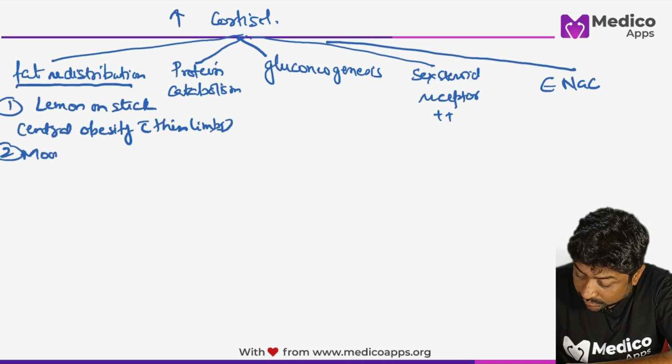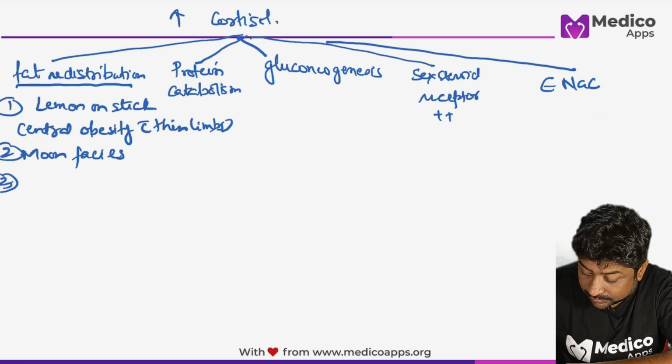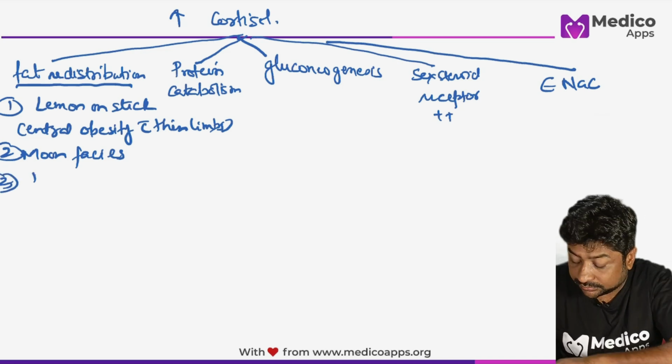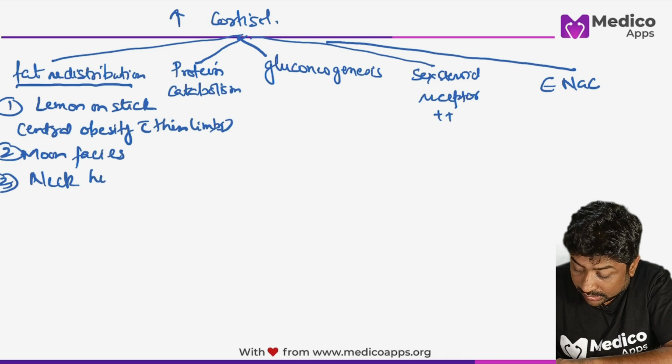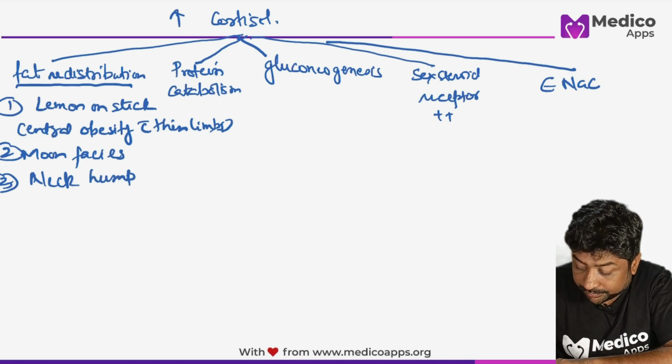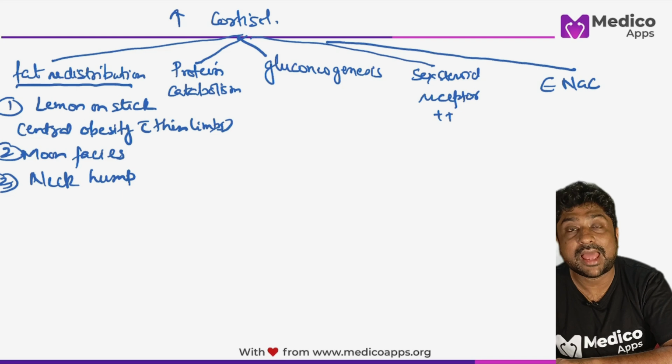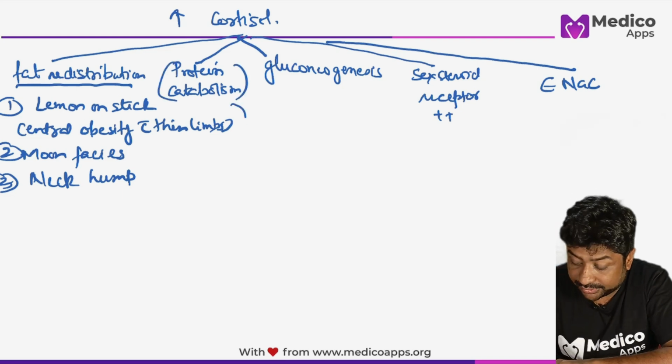Okay. Also, there will be moon facies. Because of the fat deposition, there will also be a buffalo hump or neck hump. So all these things will happen because of the fat redistribution.